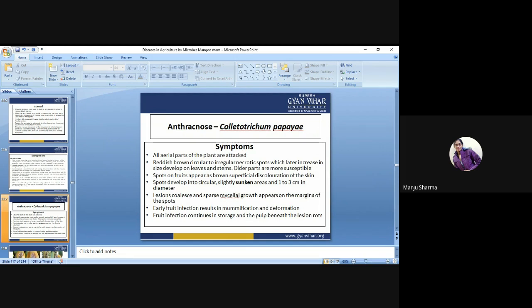Then the older parts are more susceptible. Then the spots on the fruit appear as brown, superficial discoloration of the skin. The spots develop into circular, slightly succulent lesions, 1 to 3 centimeters in size.